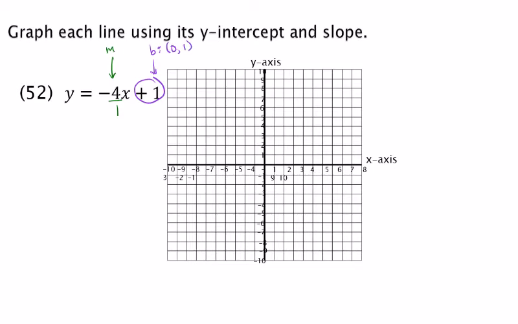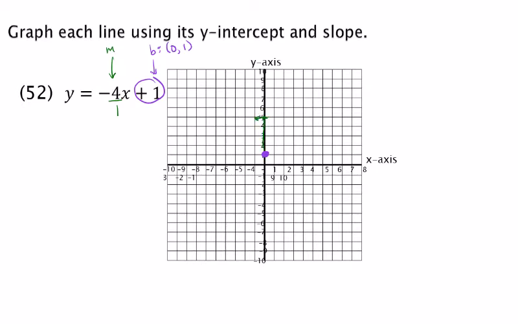All right, so I'm going to start there. I'm going to put a point right on the y-axis at 1. Then I'm going to use the slope, negative 4 over 1, to find the next point. Remember, with a negative slope, you can either go down and right, or you can go up and left.